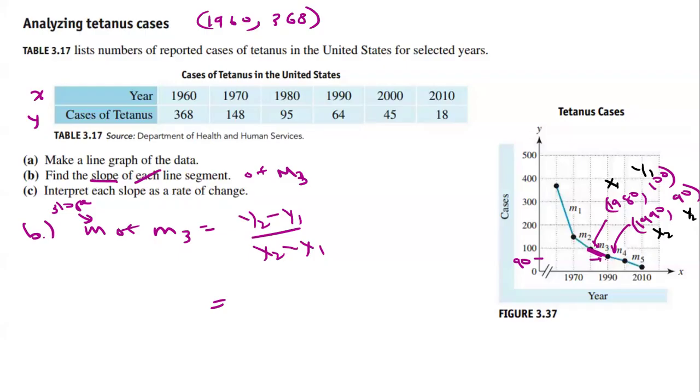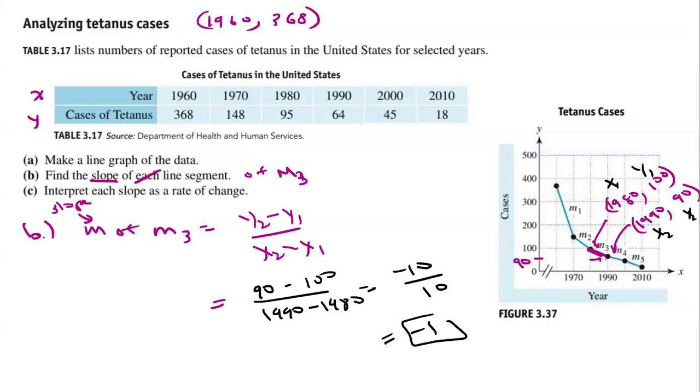So y2 is 90, y1 is 100, x2 is 1990, and x1 is 1980. 90 minus 100 gives us negative 10, and 1990 minus 1980 gives us 10. Negative 10 divided by 10 is negative 1. So the slope of this line segment is negative 1.